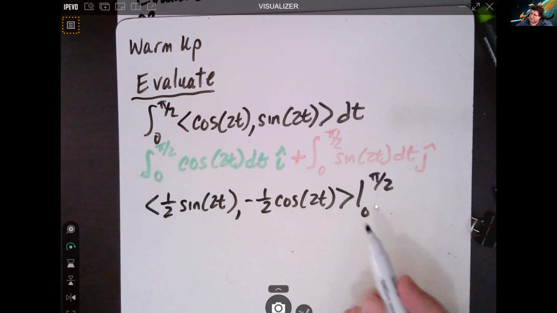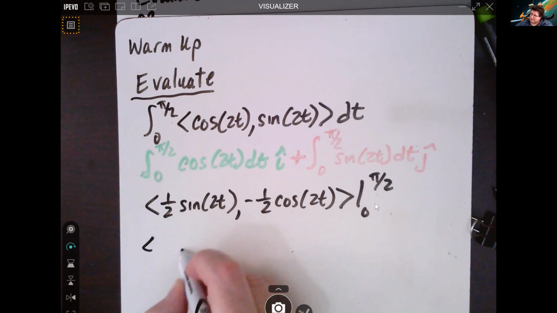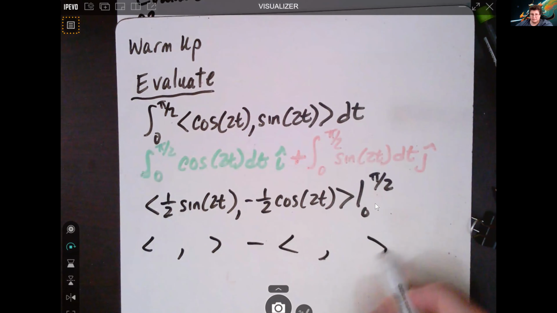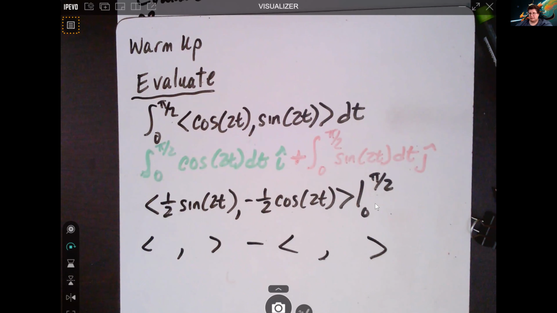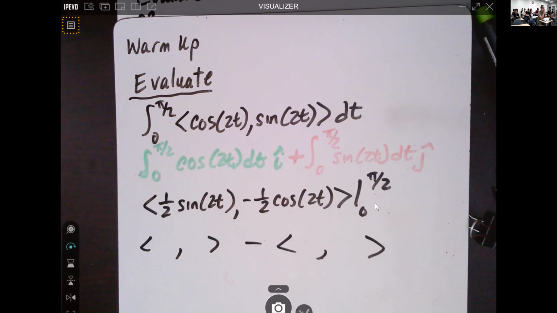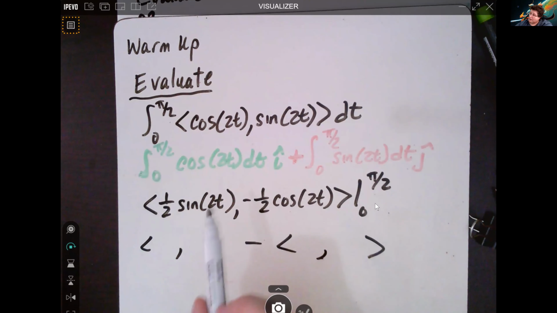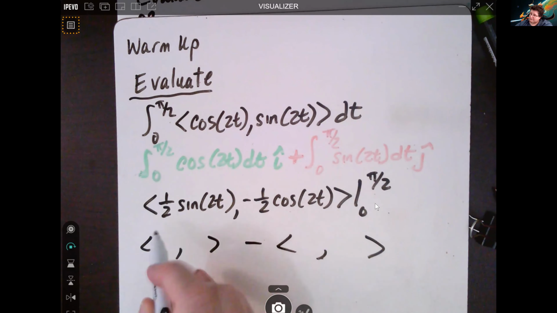So if I do pi over 2, what's my first factor? Zero. Plugging in pi over 2, sine of 2 times pi over 2 would be sine of pi, which is 0.